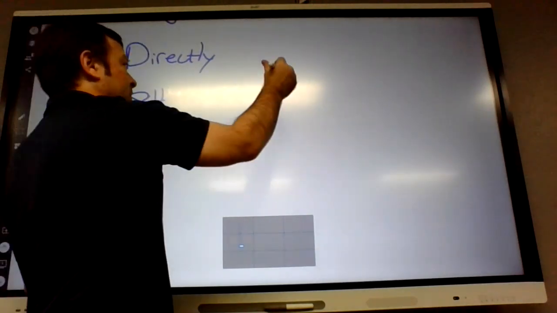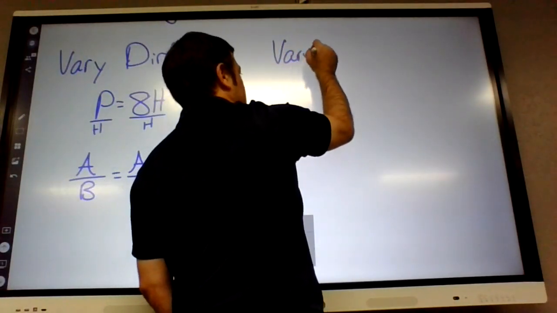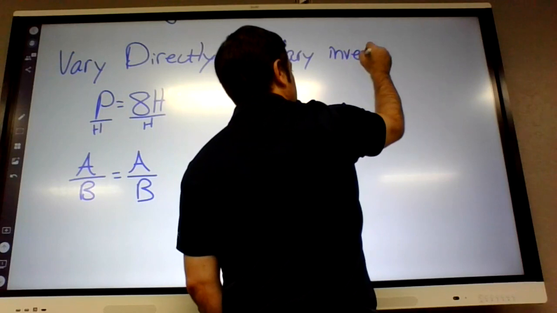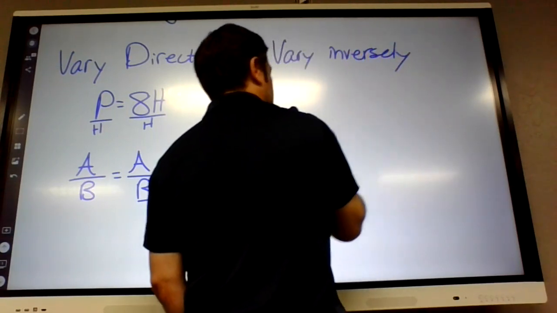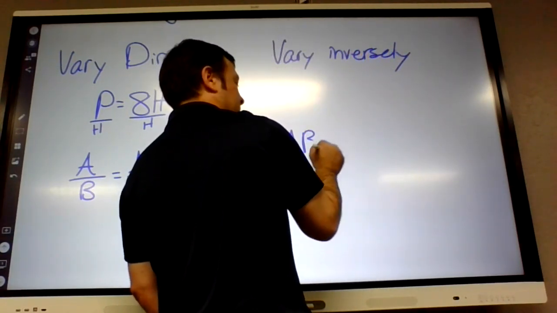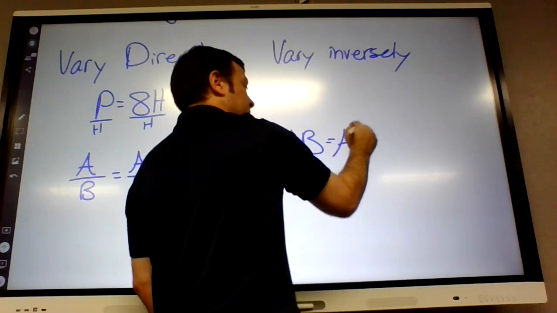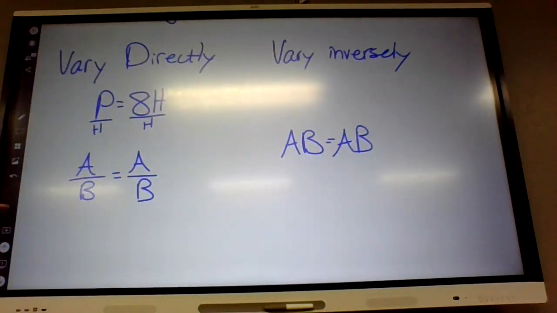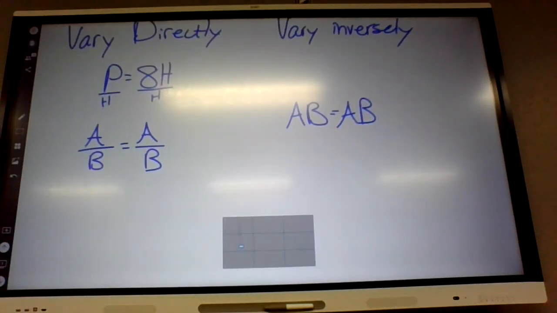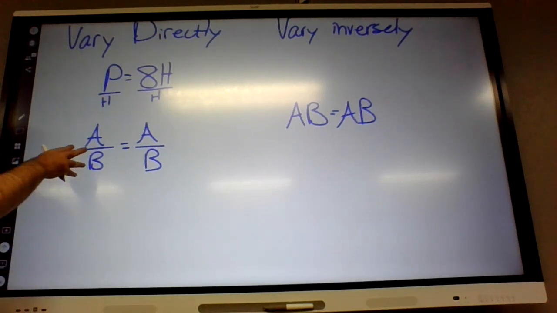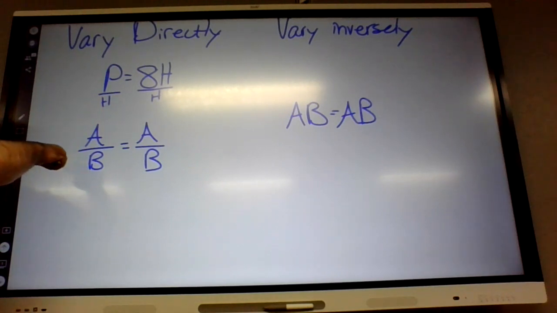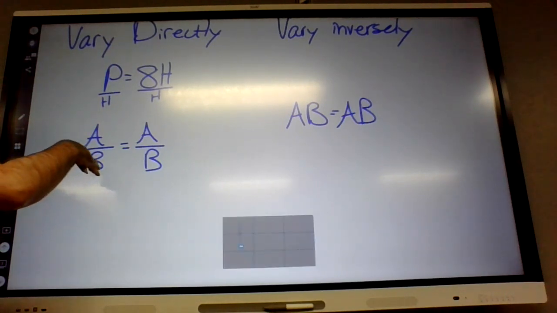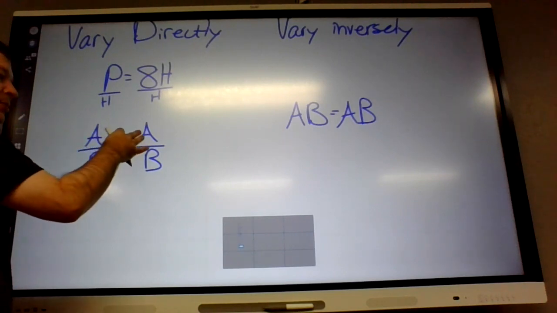If they vary inversely, it's just a times b equals a times b. So what they're going to do is say, if a equals 8 when b equals 3, then what does a equal when b is 4?